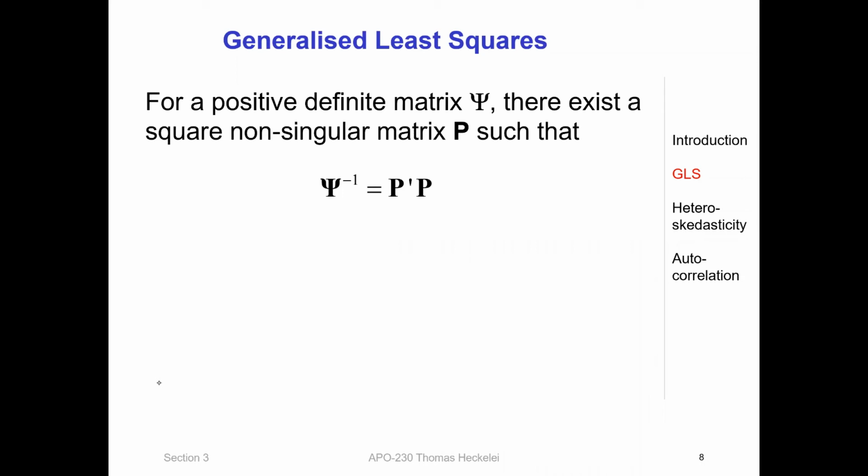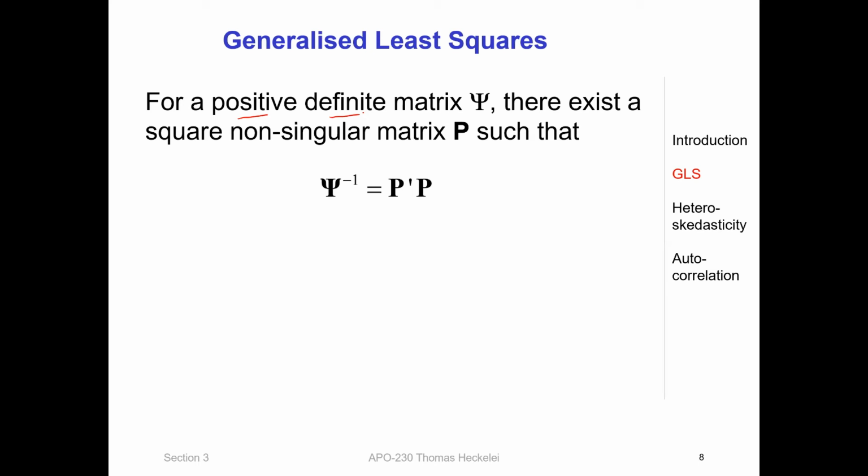The first thing to know is for any positive definite matrix such as psi, there will be a square non-singular matrix P. Square, you know that already, but what does non-singular mean? It means there's no linear dependency between the rows or columns.